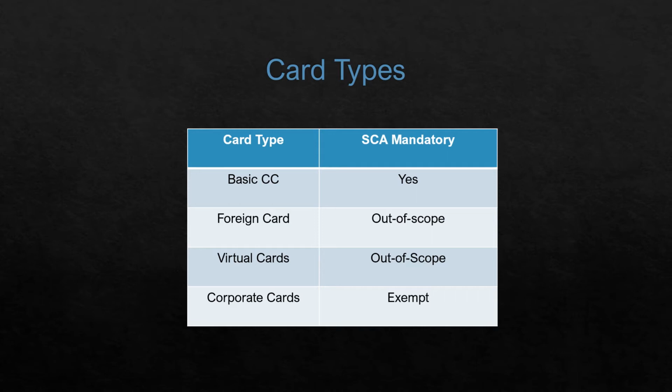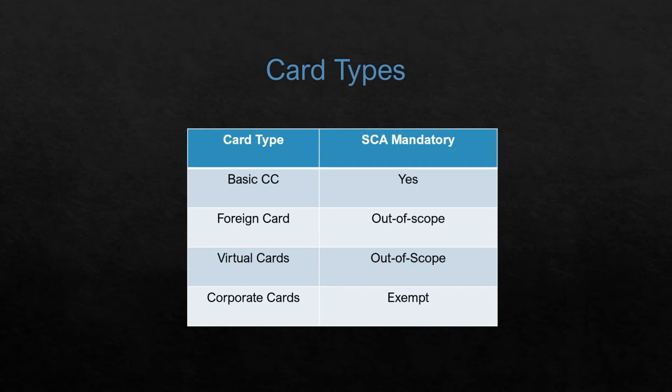But while doing this, it does not handle automatically. Merchants and the payment gateway have to handle this on their end, that yes, it's a corporate card and please do not apply the SCA mandate.